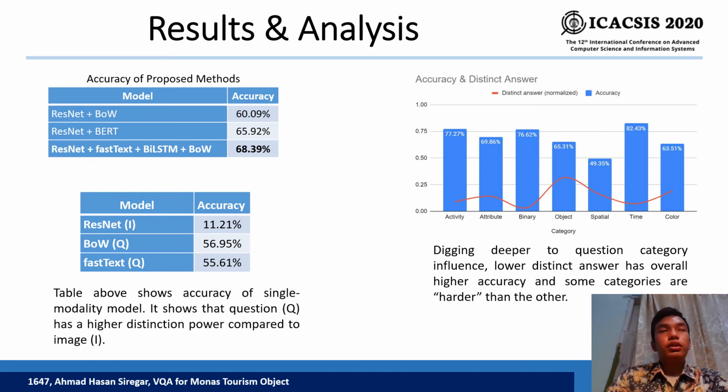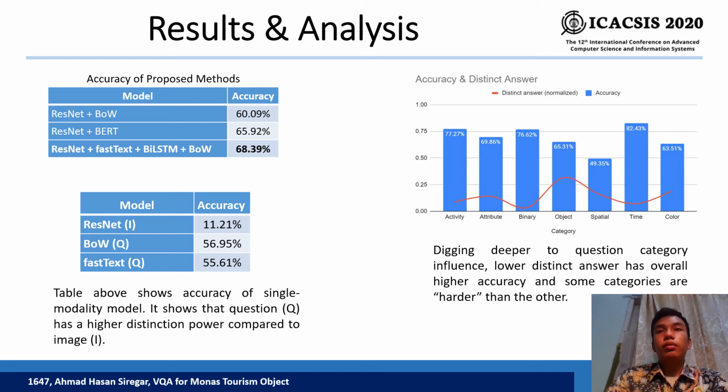Also, because question has that big influence, we try to dig deeper into the question categories. We can see on this table that the blue part is the accuracy of each category. Meanwhile, the red line is the number of distinct answers, normalized.